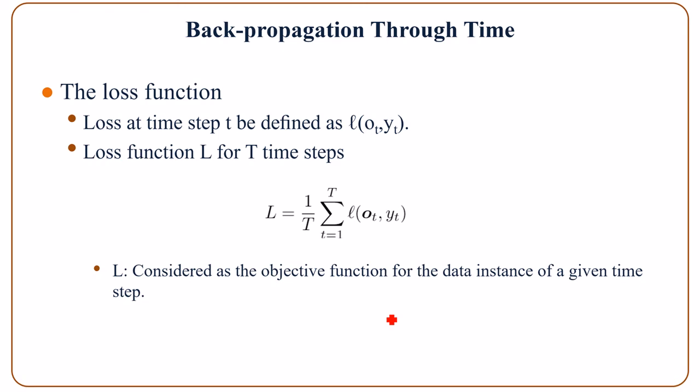With the predicted output o_t and the true value y_t, we know the loss at time t. We take the sum over all the T time steps and then take the average by dividing by T. So that's our loss function L, uppercase L, for all T time steps.